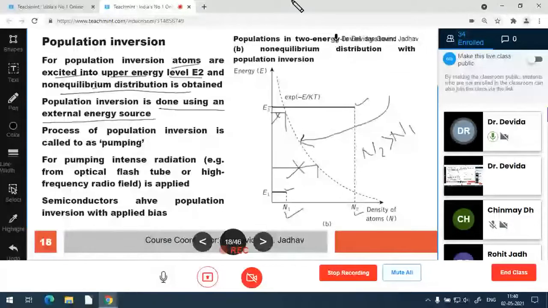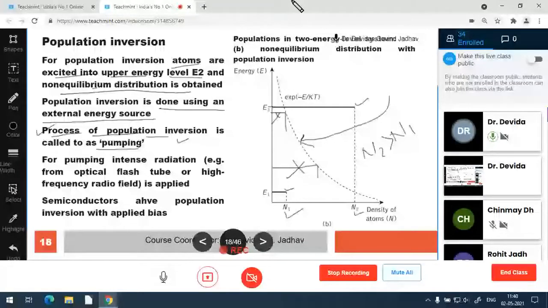This process of converting population from lower to higher energy state, with a large number of atoms in the higher and fewer atoms in the lower energy state, is called pumping.